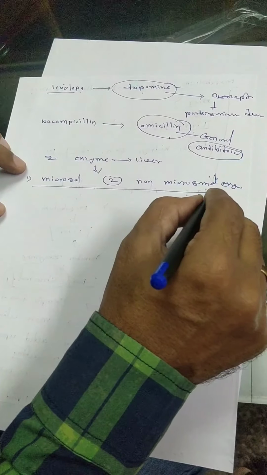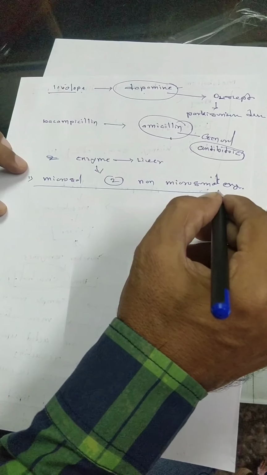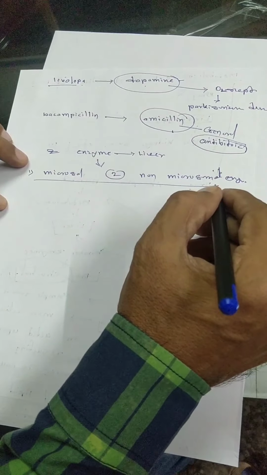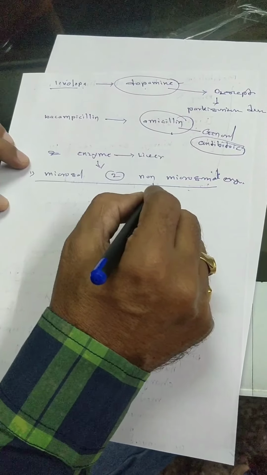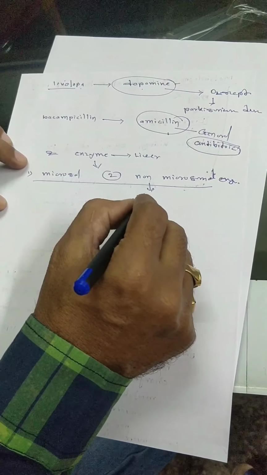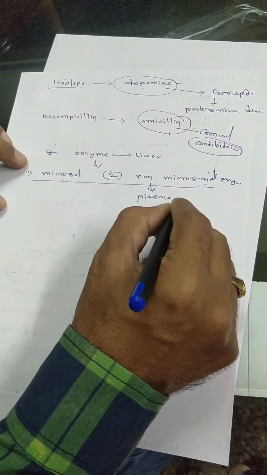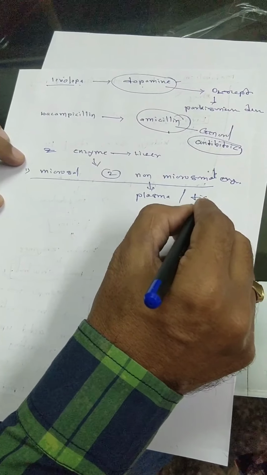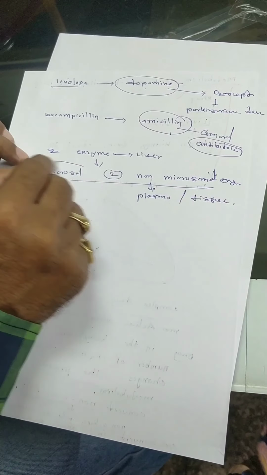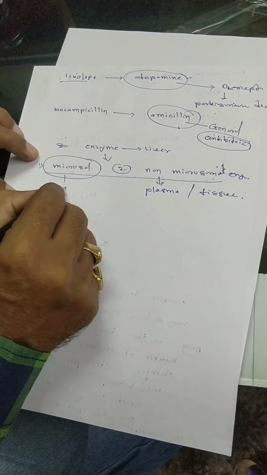Non-microsomal enzymes occur primarily in the liver but also in the plasma and in tissue. Microsomal enzymes are only in the liver.